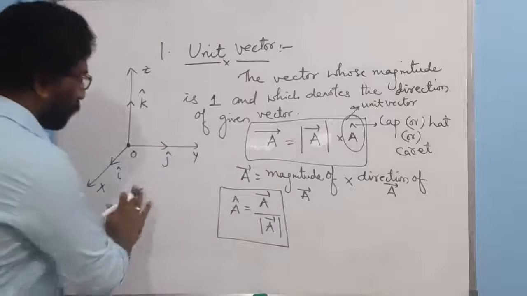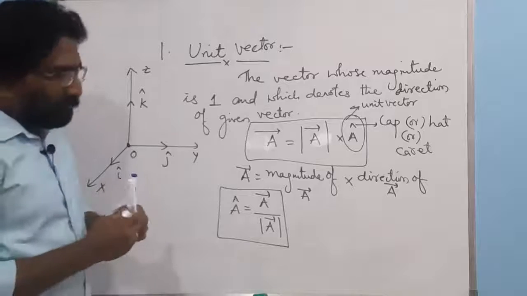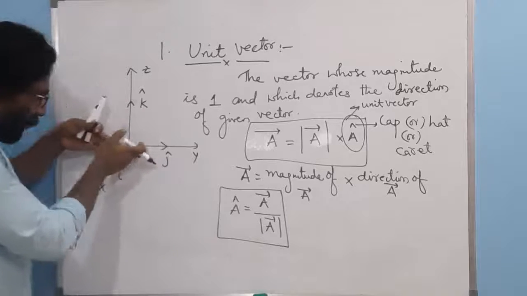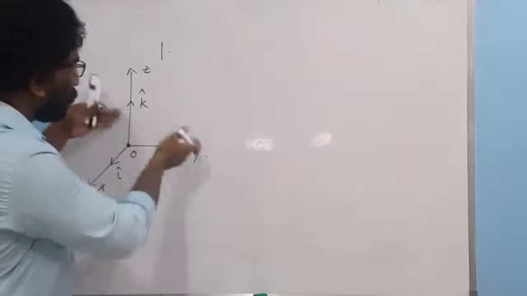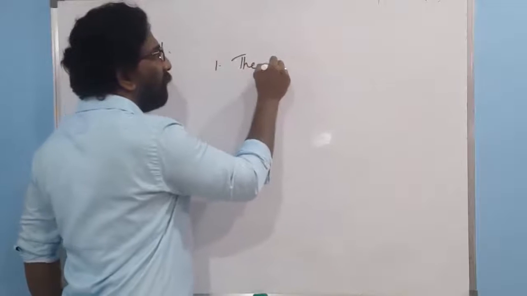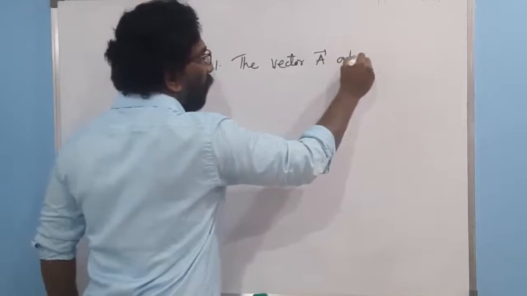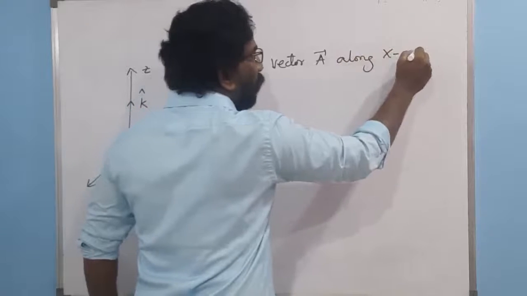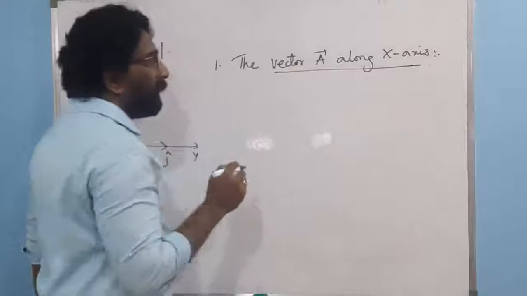Now see, if I want to study the unit vector along these three axes, first take the vector A along the X axis. How do we define this vector A along the X axis?